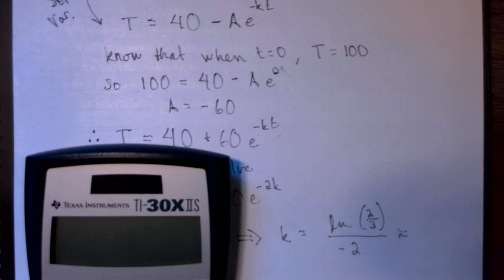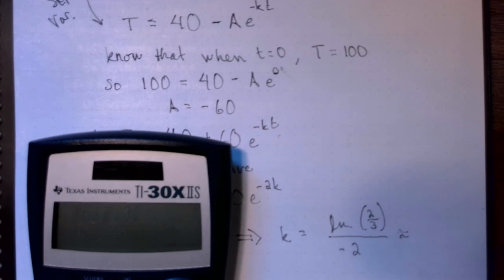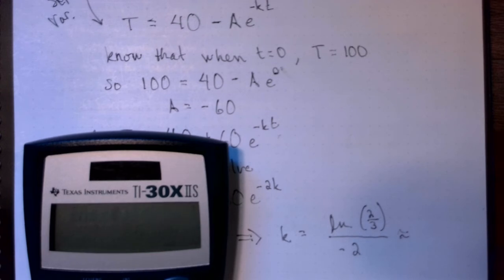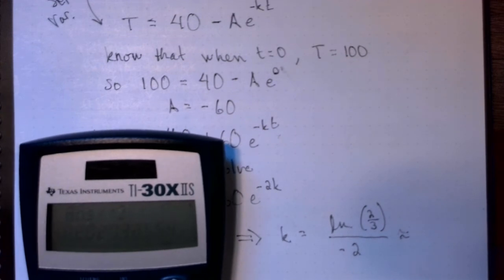Let's see, relatively little glare there. So what I'm going to do is I'll do ln 2 over 3, divide that by negative 2, so approximately 0.2.